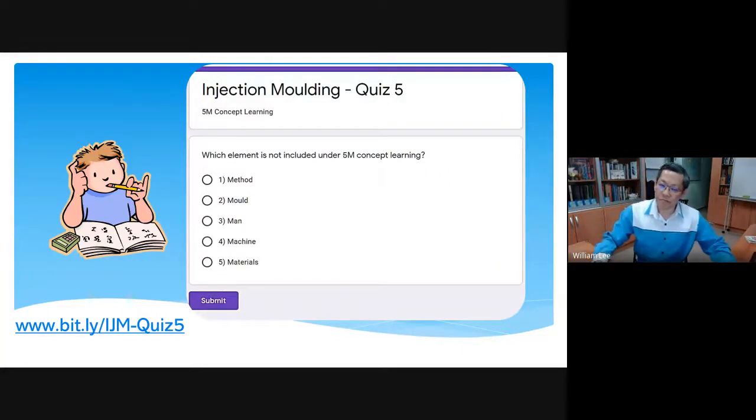That's 5M. Okay, so I can see the majority of you are very fast. Yes, there's a lot of people coming in. The result, so 86% choose number 3 is not under the 5M.